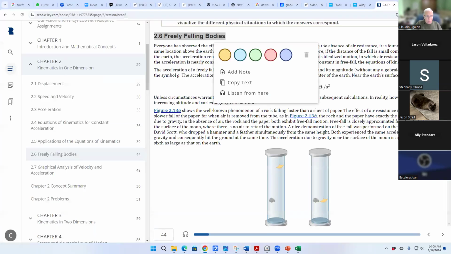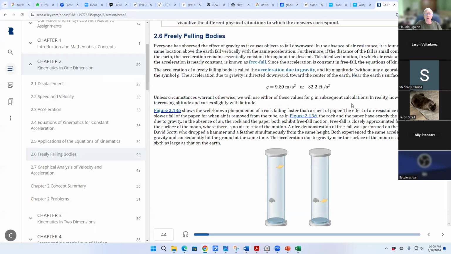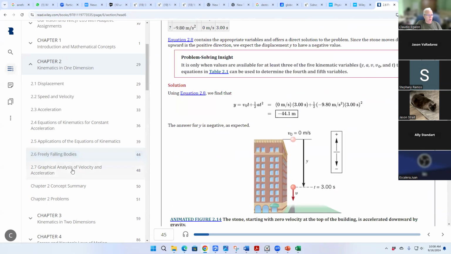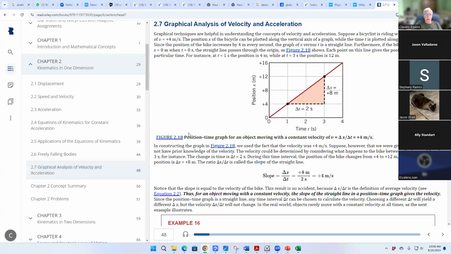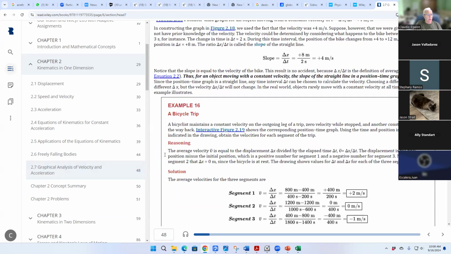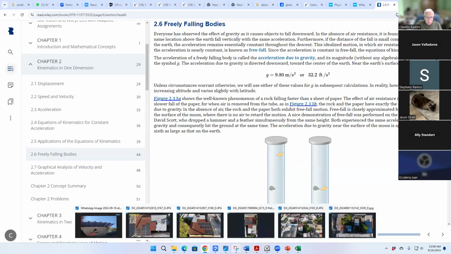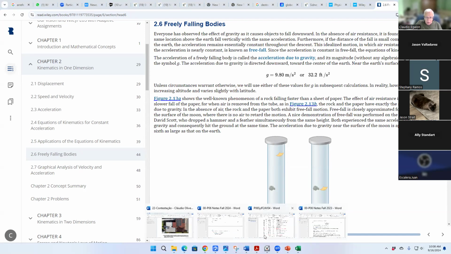Going back to the book. What we're going to do now is talk about free falling bodies. Section 2.6, graphical analysis of velocity and acceleration, we already covered that. Let's update what we covered so far.